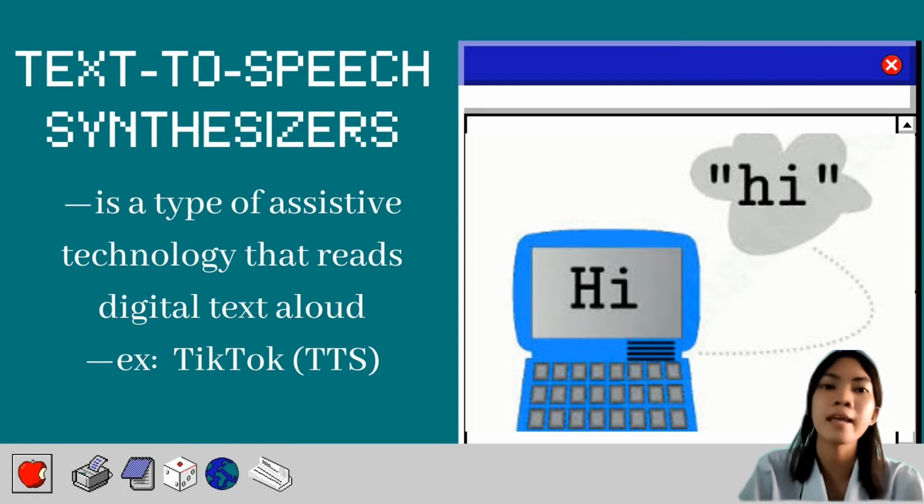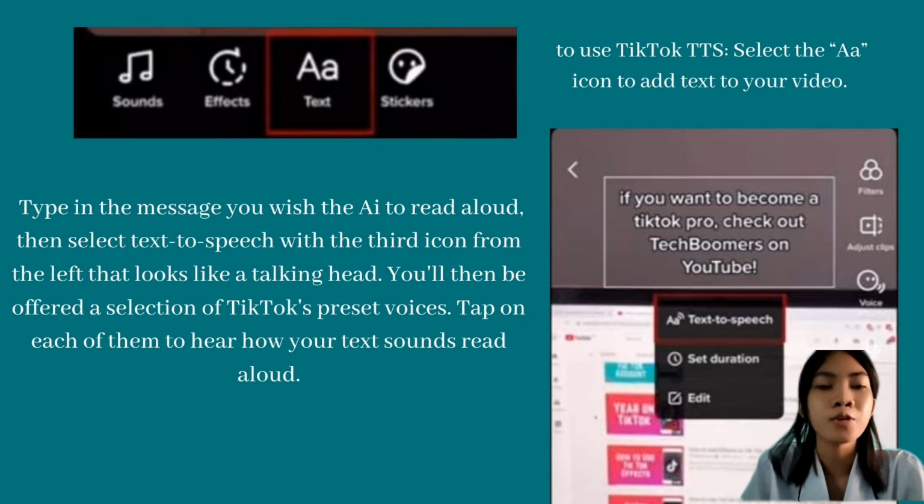So these AIs are made by the use of computers. These are the voices that you hear when you turn text into sounds. This is an example of how you can turn text into speech using the TikTok app.